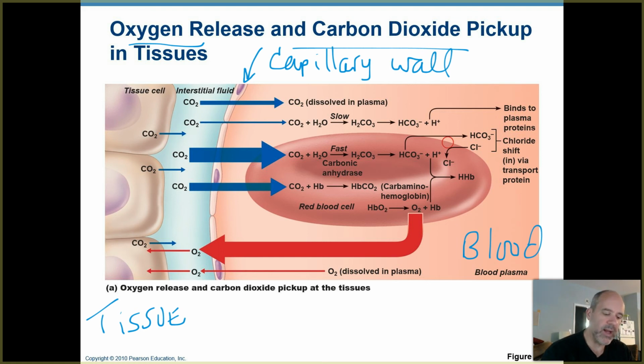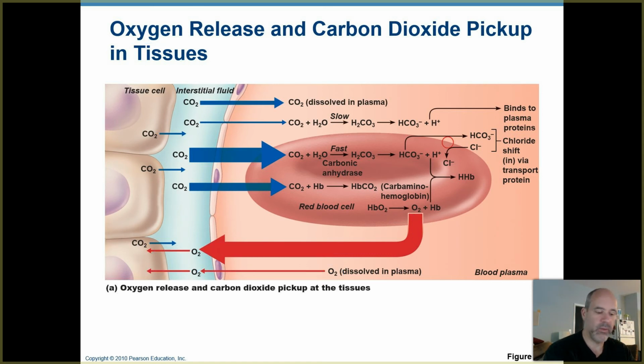I notice in here we've got HbO2. That means you've got hemoglobin that's oxygenated. You have O2 on it, and O2 comes off of the hemoglobin, diffuses across the capillary wall into these interstitial fluids and into your tissue cells. That happens due to diffusion, and they're also showing it down here. Some of your O2 you just have dissolved in your plasma, and that's going to diffuse out of the capillaries and into the surrounding tissues as well.